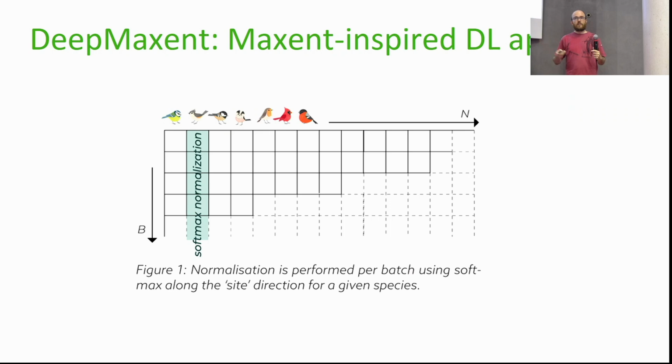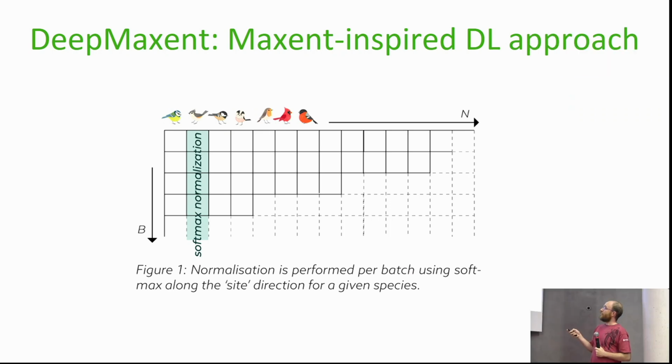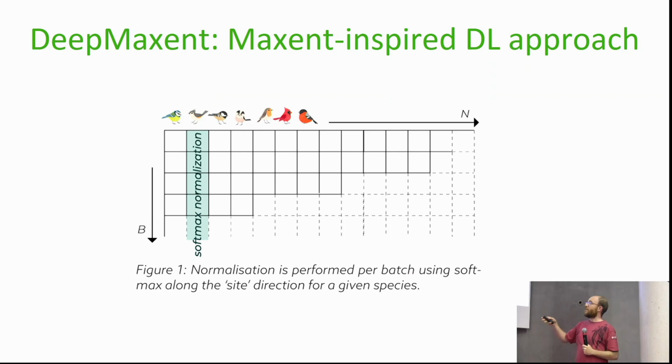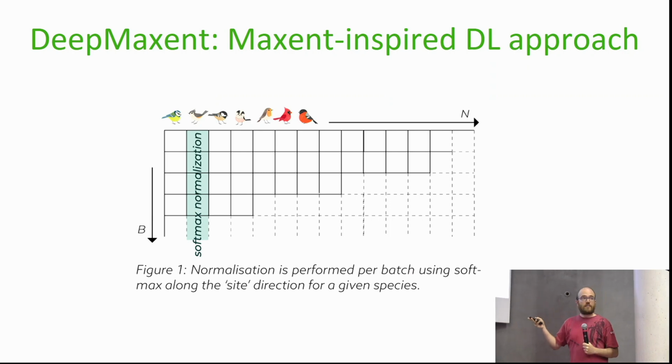Let's give it to our deep learning model, and instead of running the softmax for every row, so for every site, let's run the softmax for every species across the batch, across the sites in our batch. That's basically the main difference between what we did and the classical deep SDM approach.